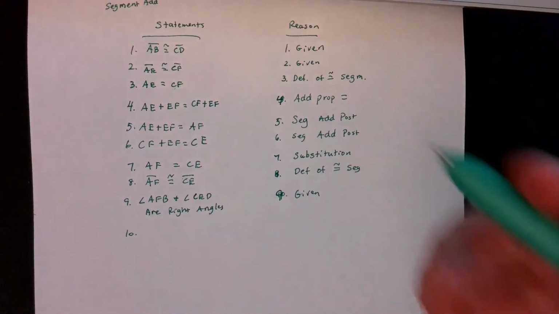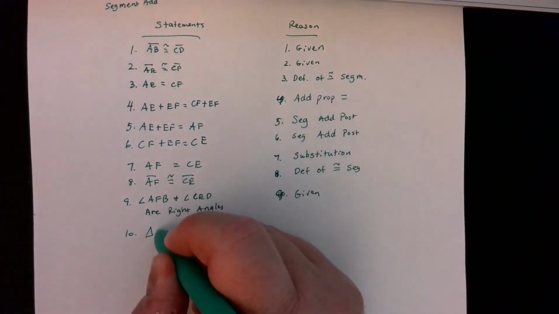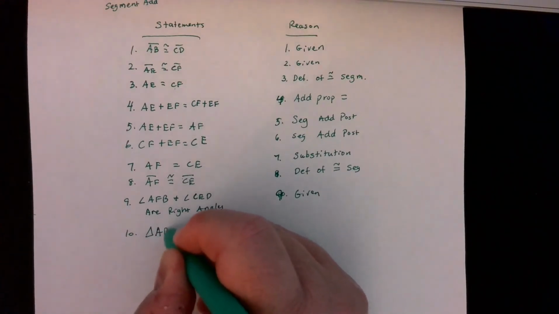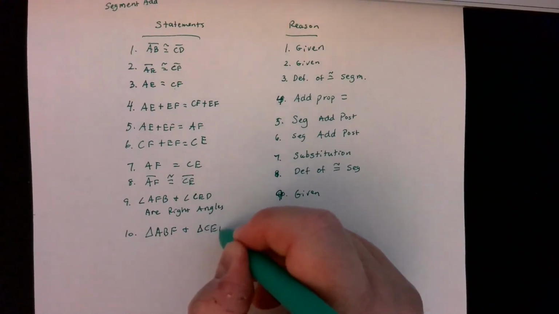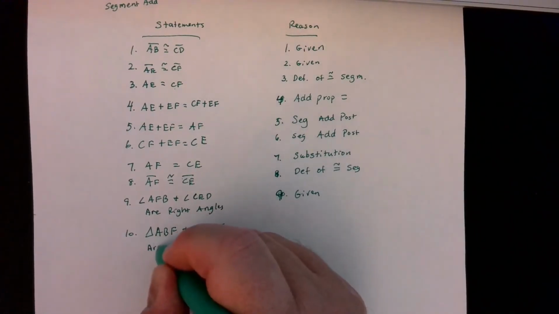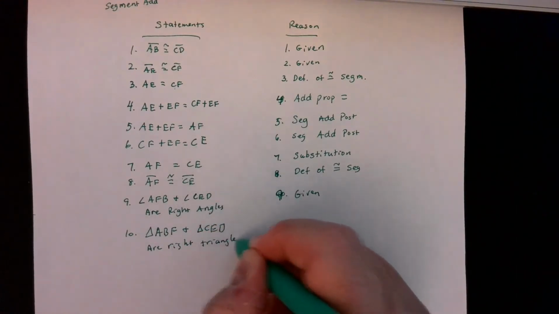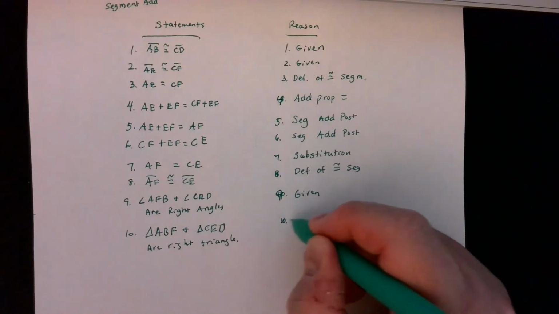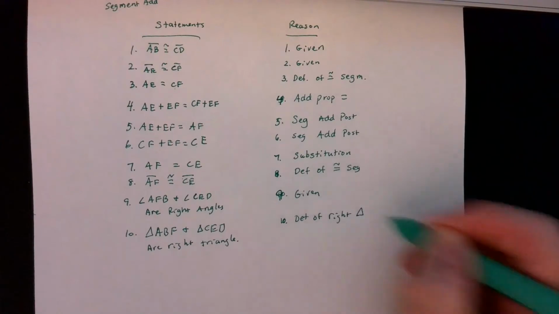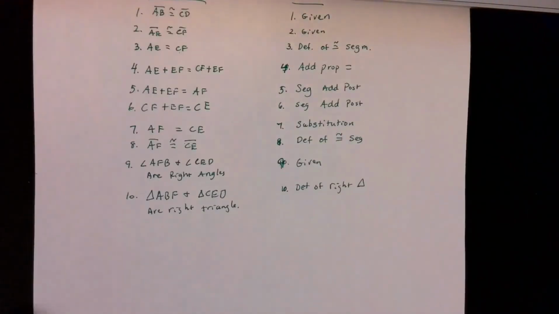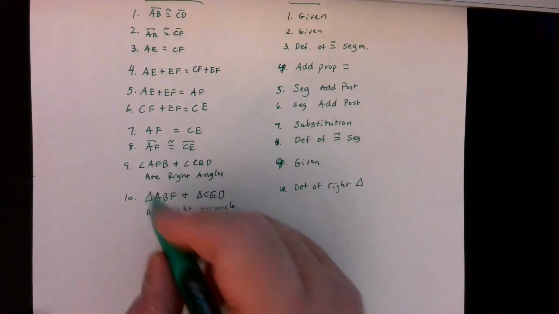In order to use hypotenuse leg, now that we have a right angle, we can say that triangle ABF and triangle CED are right triangles. And that's by definition of right triangle. And then we have to say that the segment that we're talking about is the hypotenuse.